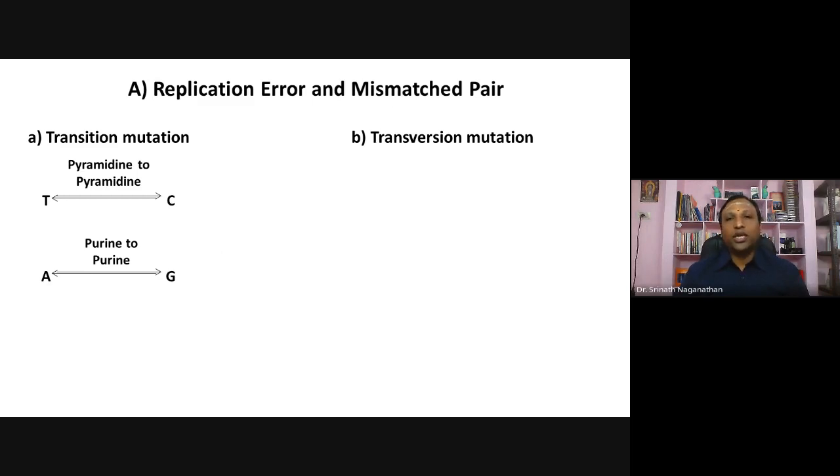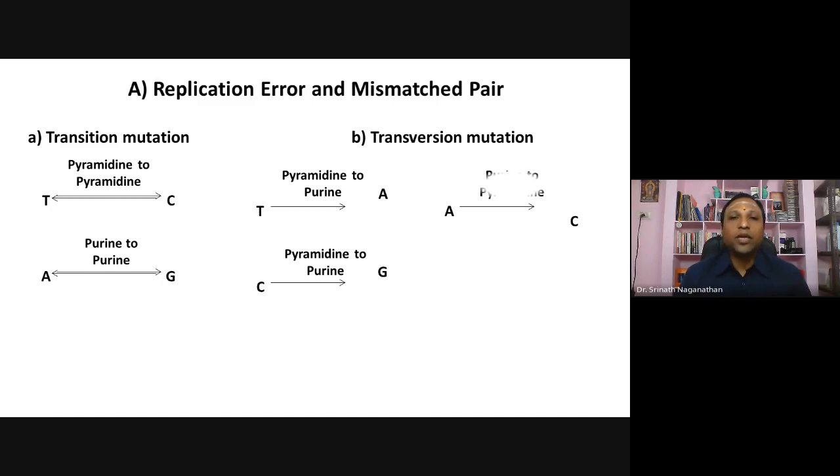In a transversion mutation, T becomes or pairs with A, as well as with the other one, that is C. That is pyrimidine to purine and purine to pyrimidine, so both changes can take place here.